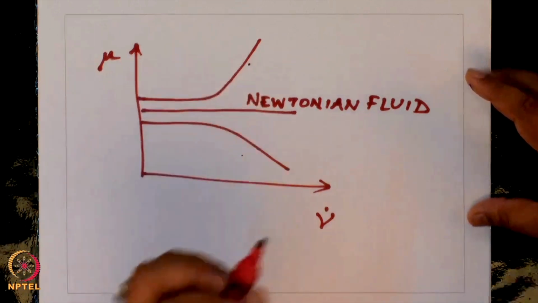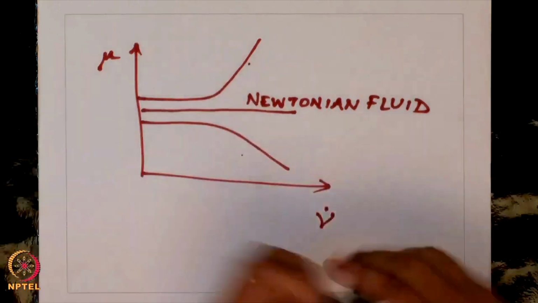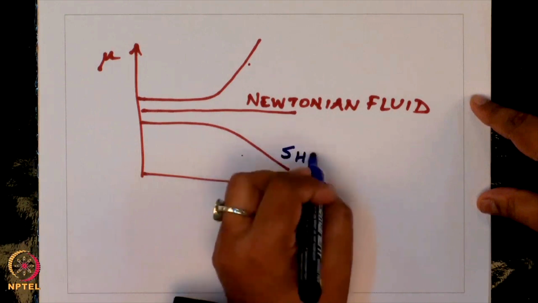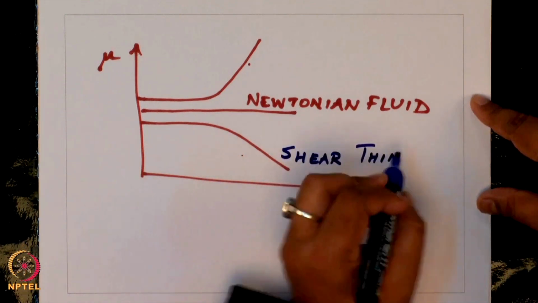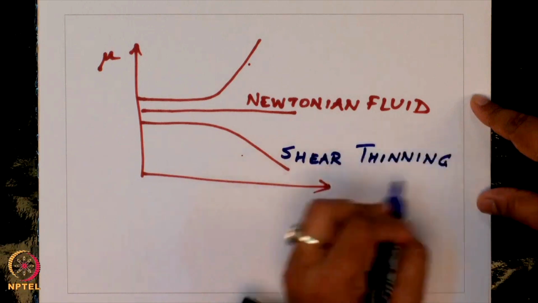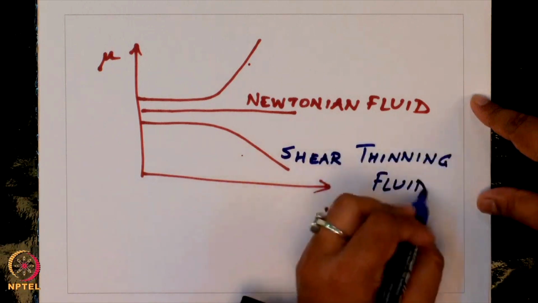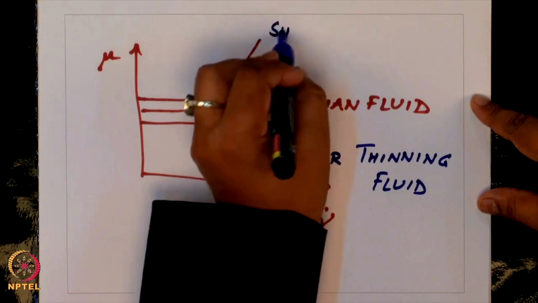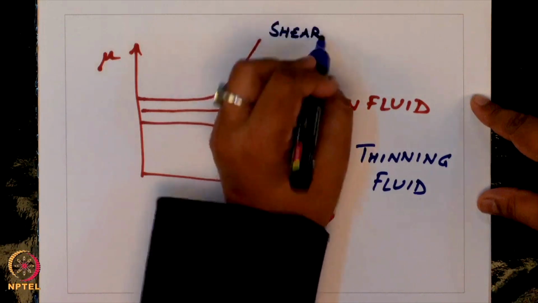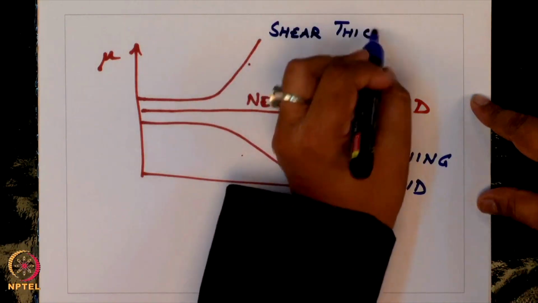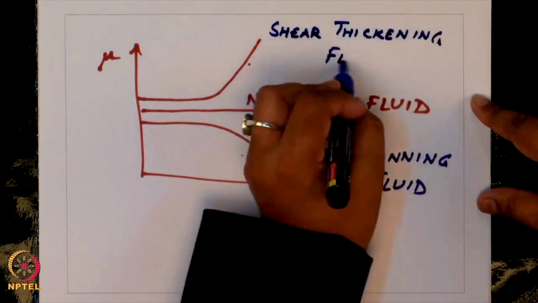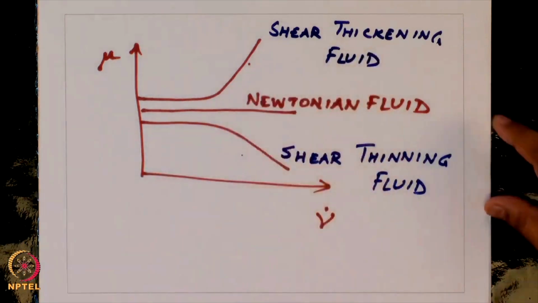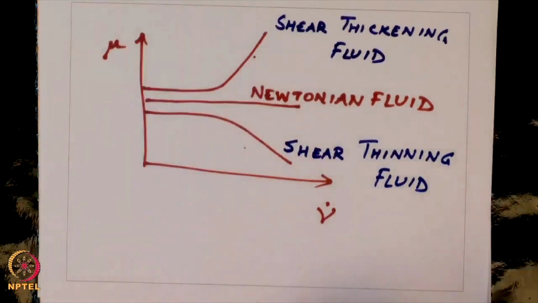So, both of these other fluids are non-Newtonian. So, this is called a shear thinning fluid. This is called a shear thickening fluid. Okay. So, where the viscosity changes over time.